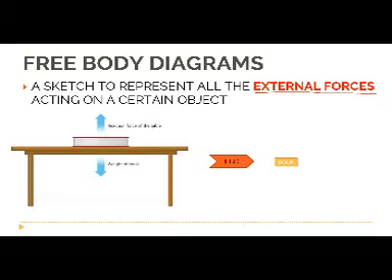If the red line is the table, then the book is on top of the table. To sketch the free body diagram, we draw all the external forces acting on the object. First we have the weight of the object, or the force due to gravity, which is the force exerted by the book on the surface.